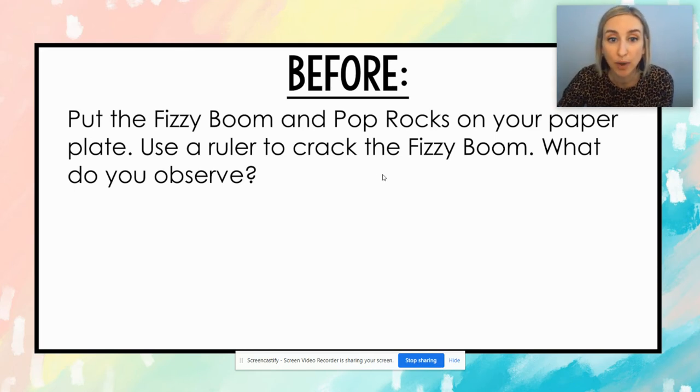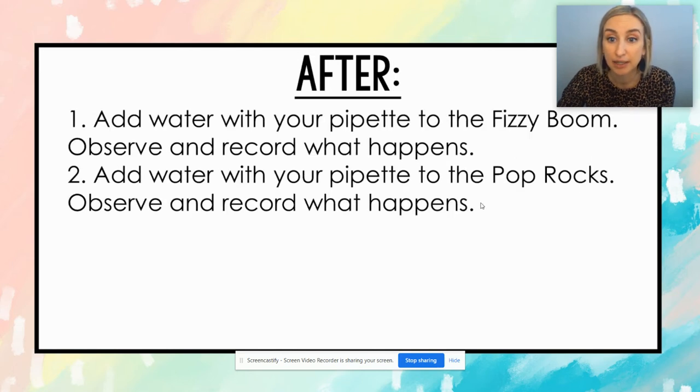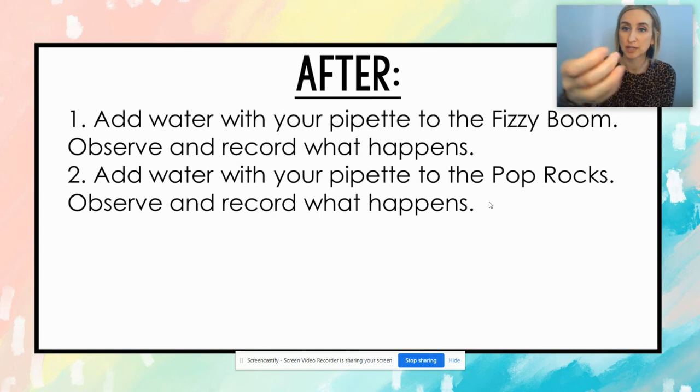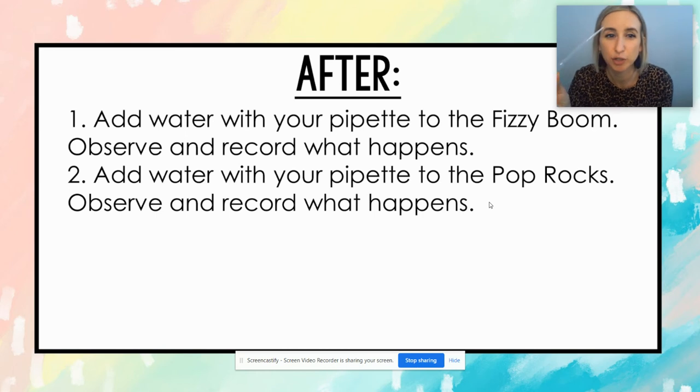And then when you have your initial observations done, the next step is to add the water. So you are going to take your pipette. You're going to take turns going to your sink. Turn on the water. You'll squeeze this bottom part of the pipette, put this underneath the faucet, get some water in here. You probably only need about a half of this full, not super full. And then pick which candy you want to do first.